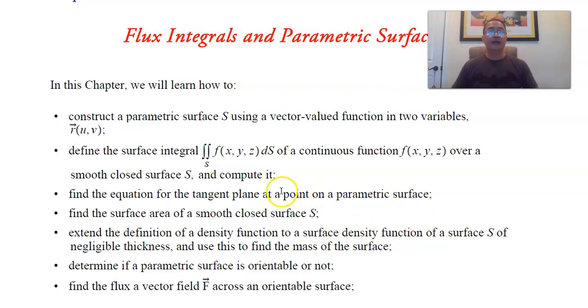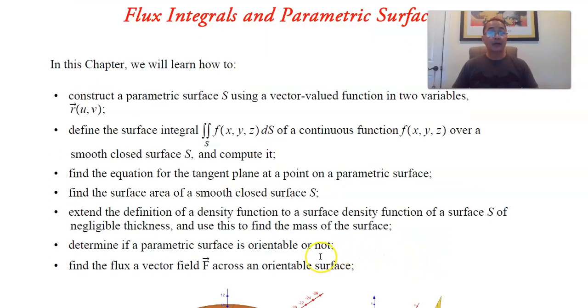We will learn how to find the area of a parametric surface, and if we pretend that a surface is like a shell, something like a ping pong ball or an eggshell, and we have a density function for that surface, we can find the mass of that surface.